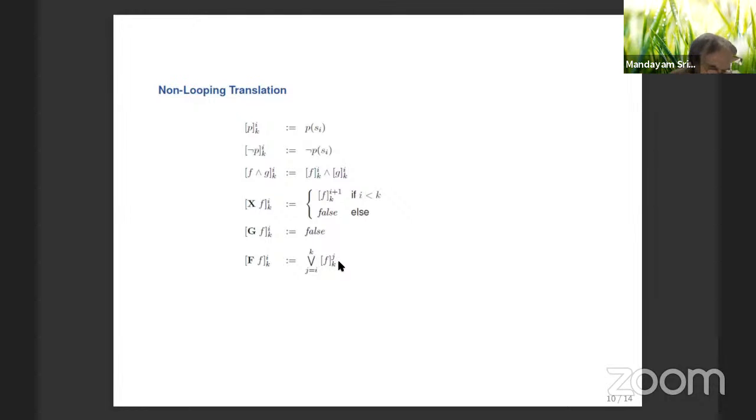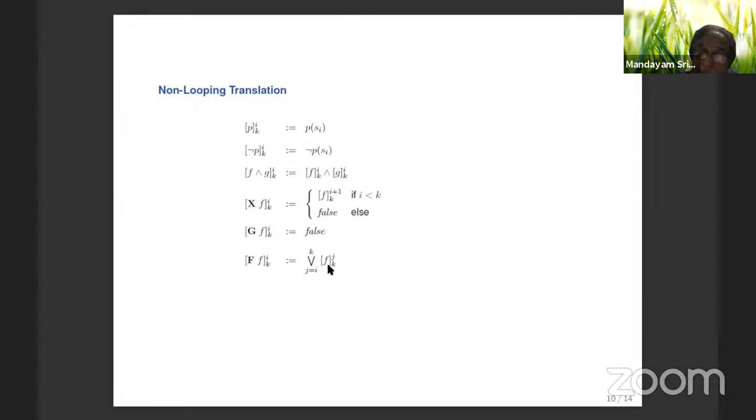Okay, and each of them is a translation of F. Therefore, the formula that you generate will be a nested formula. At the top level, if there's an F, it's a disjunction.